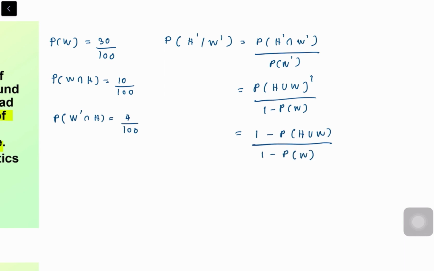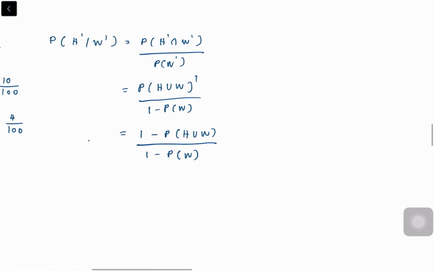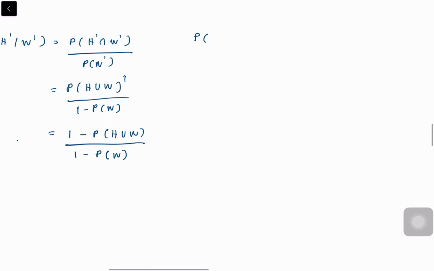Okay, then in order to find the probability of H union W, we're going to use the information that W complement intersect H is 4/100.